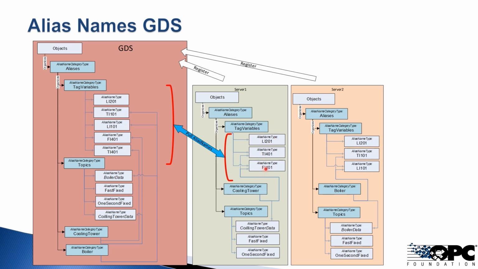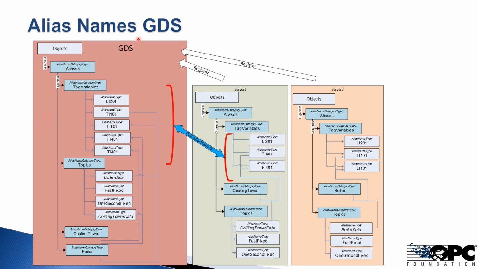So if I connect directly to the server, I can find the tags in its server, but separately or in addition, I can go to the global service here in the GDS, and here I can resolve all tag names in all of the servers in the system, which of course is typically how clients will prefer to use it.